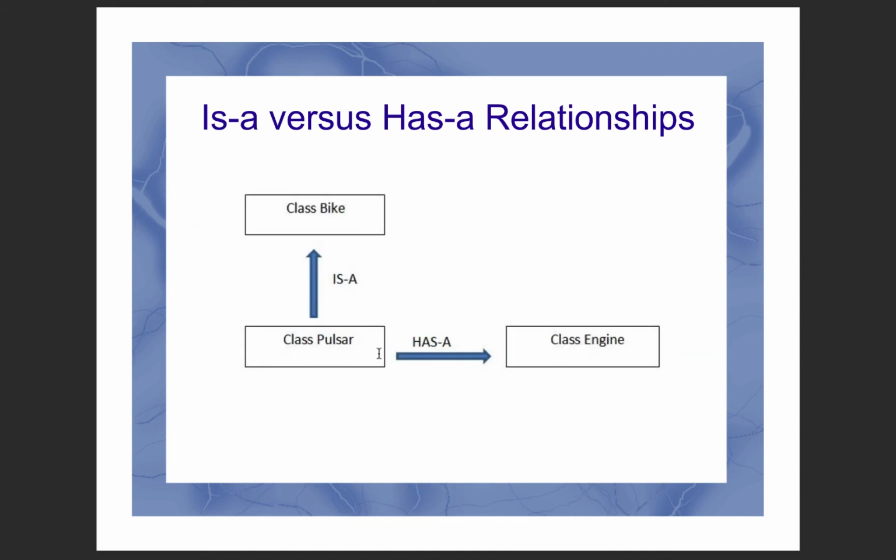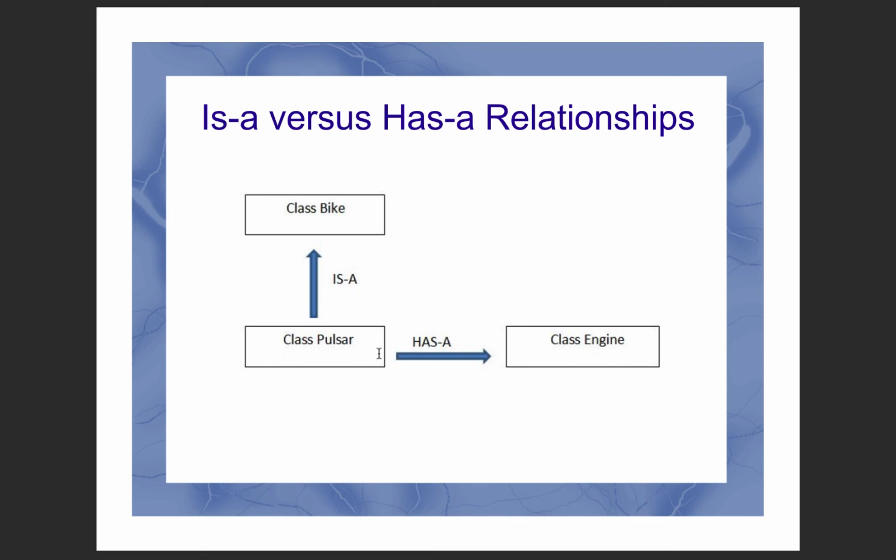For example, this is the is-a and has-a relationship diagram. You have a bike class, and you have another class, Pulsar. The Pulsar is a subclass of the bike class. So you can say that the Pulsar is a bike.